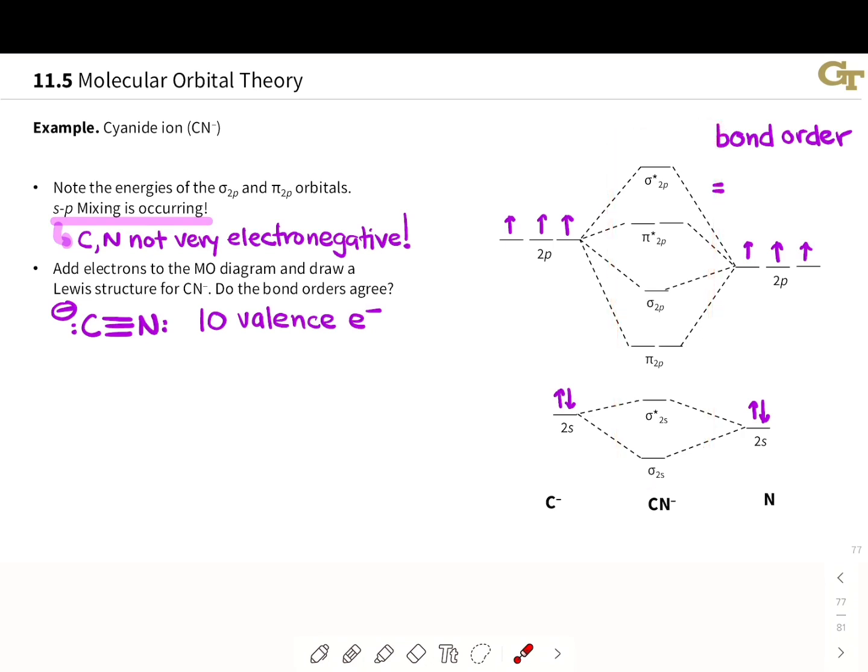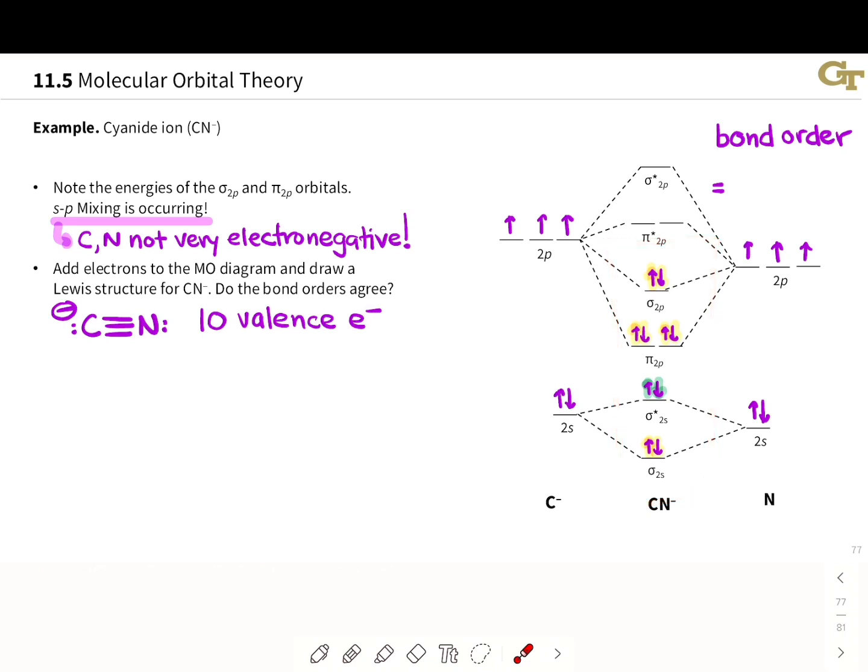Now, to fill the molecular orbitals, we know how to do this using the Aufbau principle and Hund's rule. We start at the bottom: sigma 2s bonding pair, sigma star 2s anti-bonding pair, 4 pi 2p electrons, 2 sigma 2p electrons, and I believe we have accounted for all 10 valence electrons at this point. All right, great.